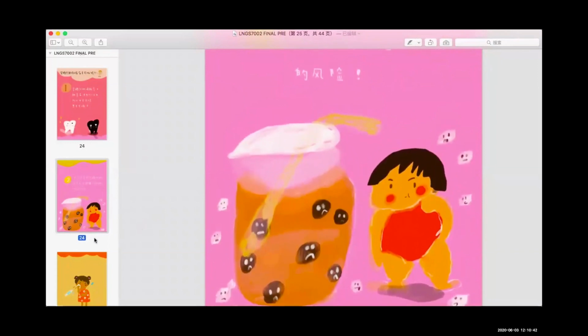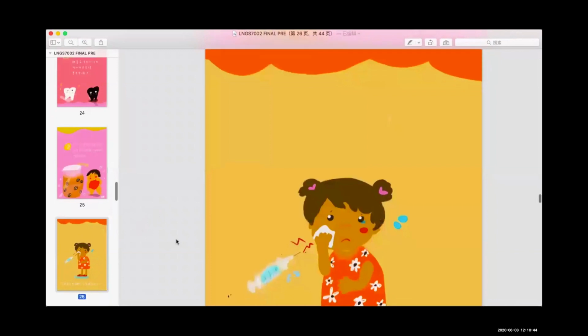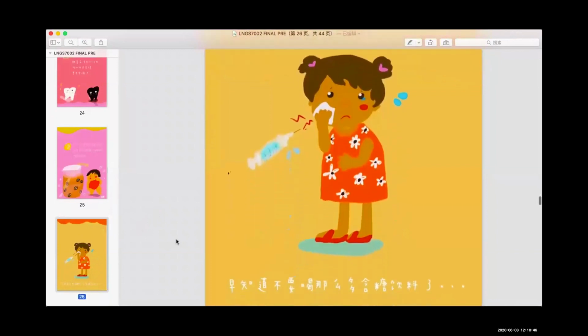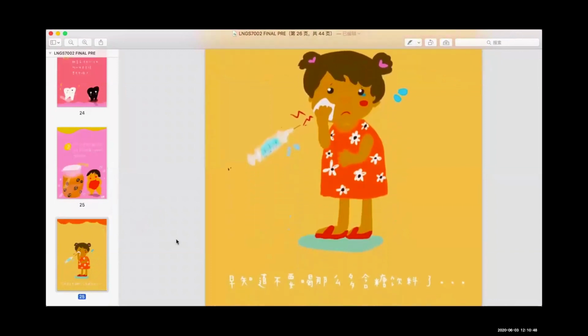Third, we use the touch sense to remind them not to drink too much sugary drinks. So I draw a girl with a painful expression that leaves a strong impression for the readers and make them feel hurtful too.